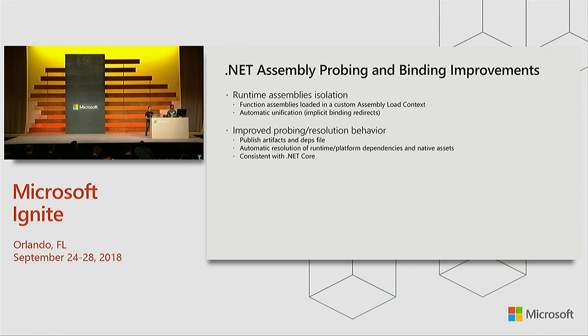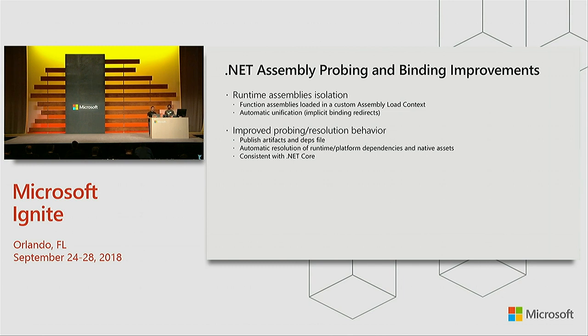I mentioned the improved probing and resolution logic, so that layers on top of the assembly isolation work that was done. We work on top of the artifacts that you're deploying, the assemblies, the binaries that you're bringing in, as well as the deps file that is present, principally in the case of dynamically compiled, the CSX model.